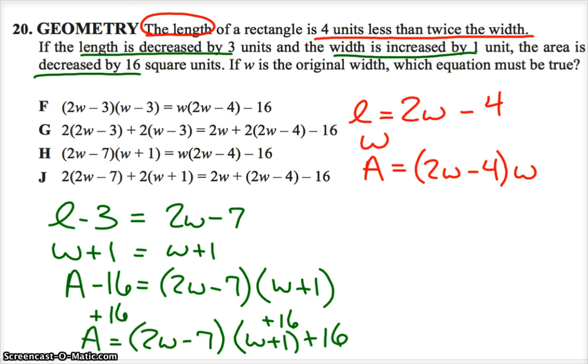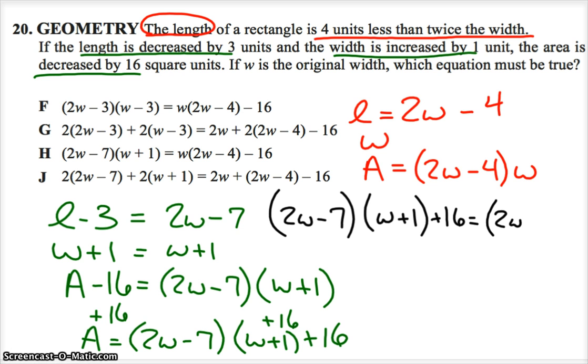So by setting A equal to A, I get 2W minus 7 times W plus 1, plus 16 equals 2W minus 4 times W. So here's the equation I'm looking for.